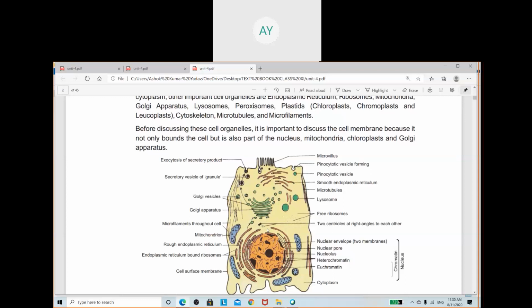There is a difference between organ and organelles. Organ means your body has different organs, like the kidney. It has certain functions like formation of urine and purification of your blood. Then the heart, that is the pumping organ of your body that pumps your blood to distribute to all the parts of your body.